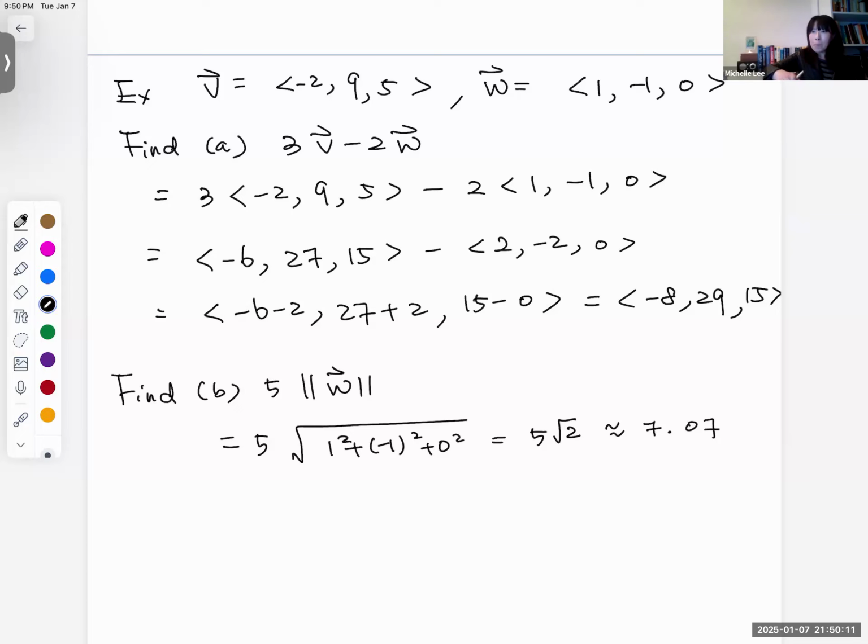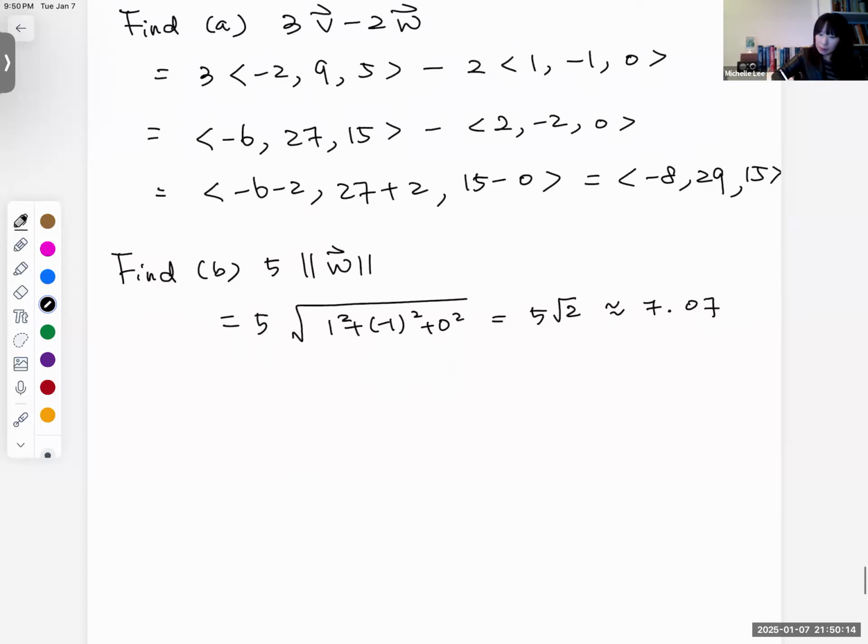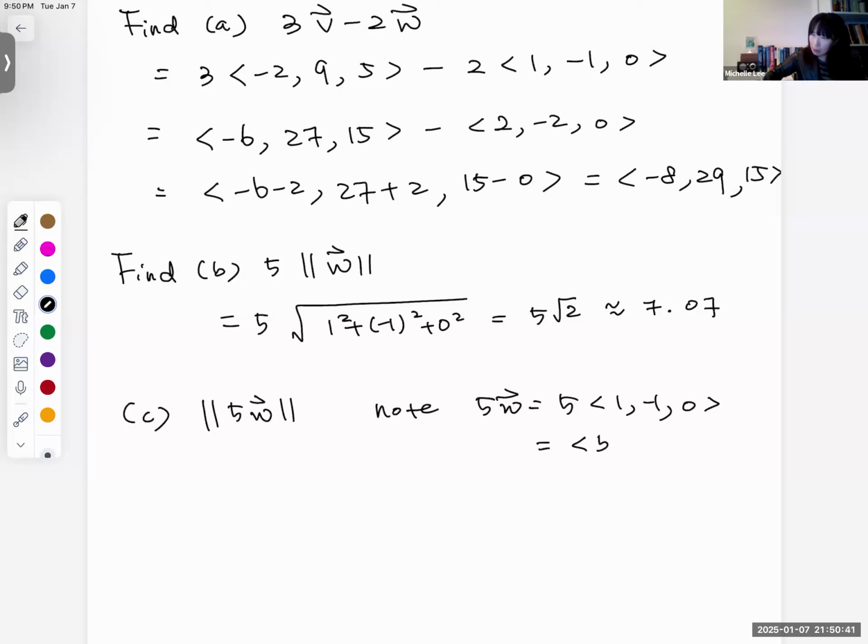Okay, how about c? The magnitude of 5w, right? So 5 is inside. Let's find 5w first. So 5 times 1, negative 1, 0, which is 5, negative 5, 0.